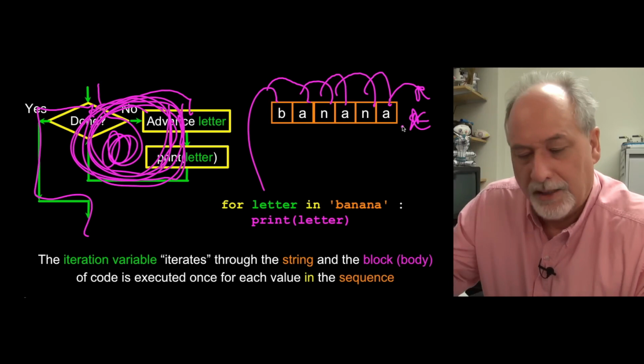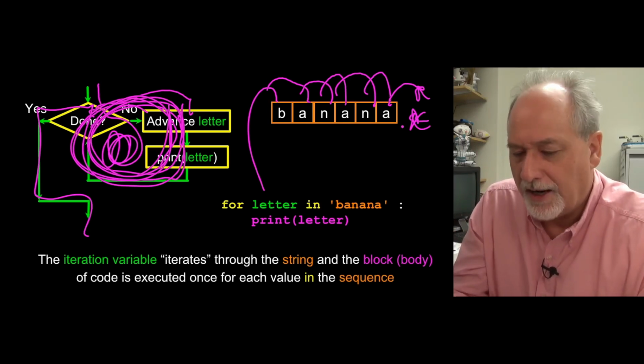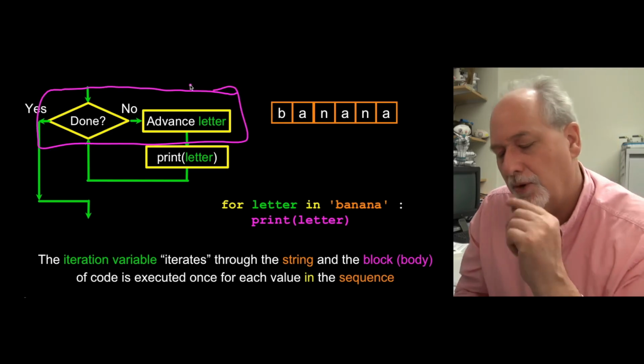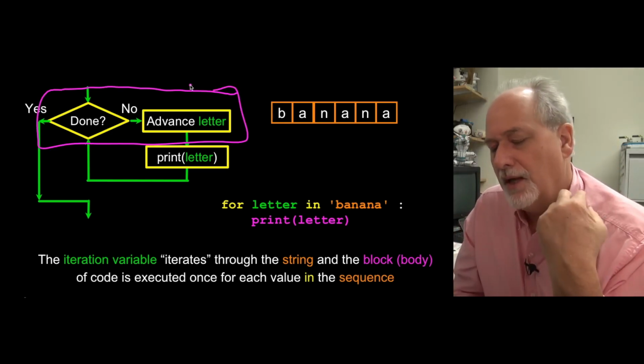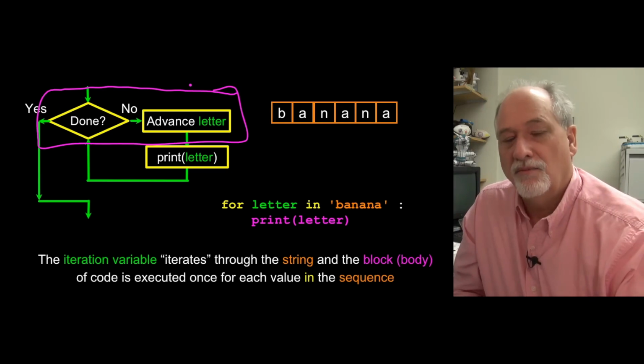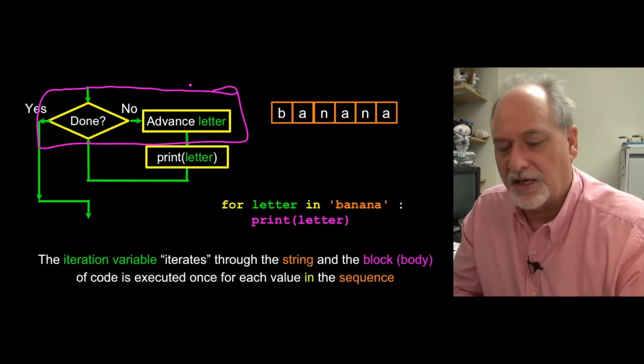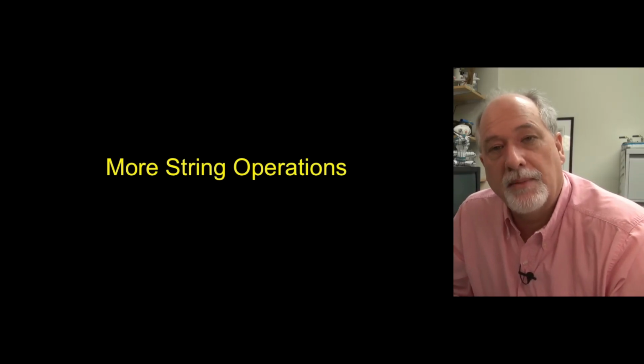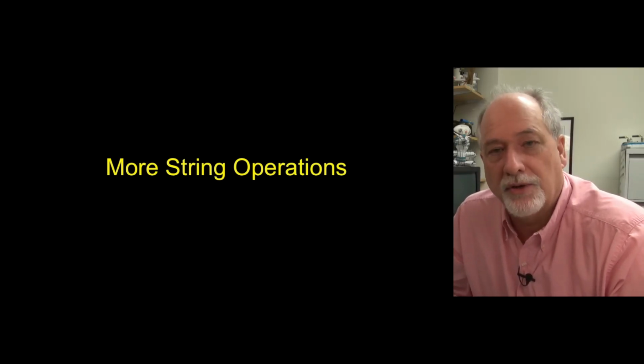You can think of the for as magically doing all of this for you, both deciding how long to run the loop and moving down through all the successive letters. So up next we'll talk a little bit about additional things that we can do with strings.